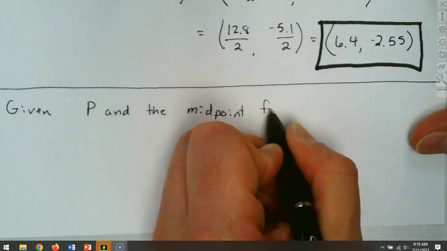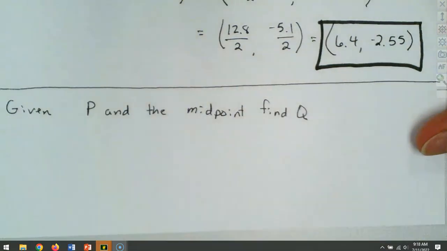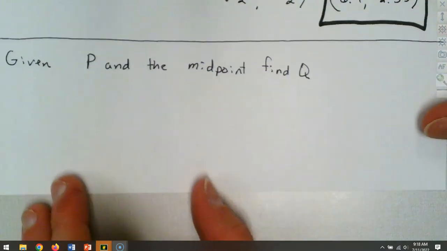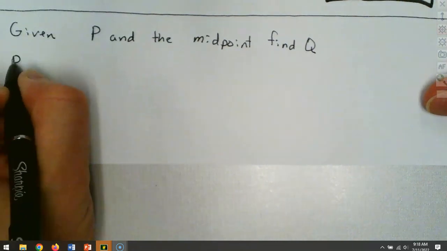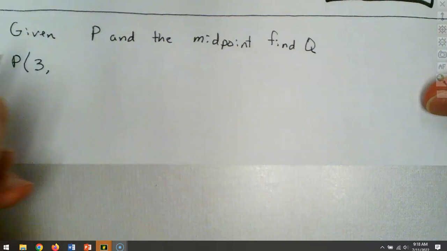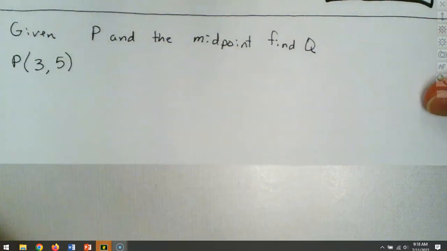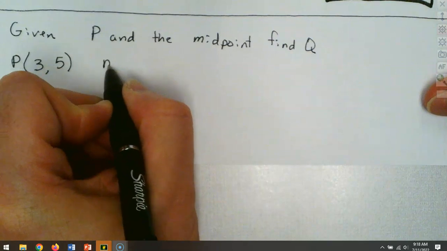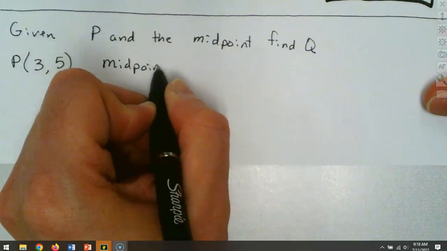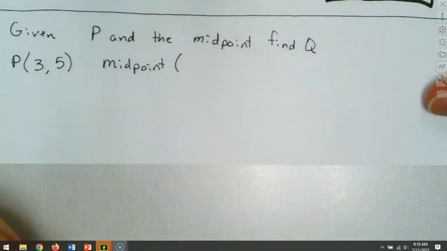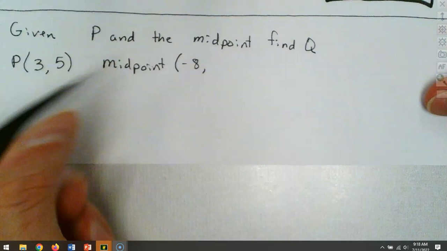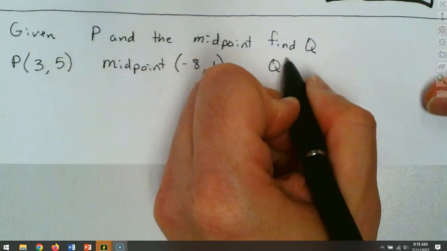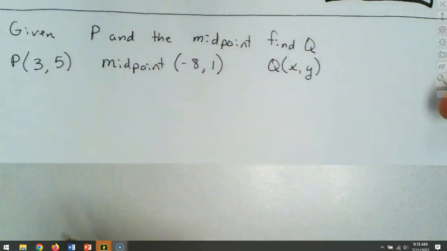I want you to find Q. So P, we'll just say that's going to be the point 3, 5. And we've got a midpoint. You can write out midpoint and use a capital M. Let's say our midpoint is minus 8, 1. And we don't know Q, so I'm going to give Q the ordered pair x, y.